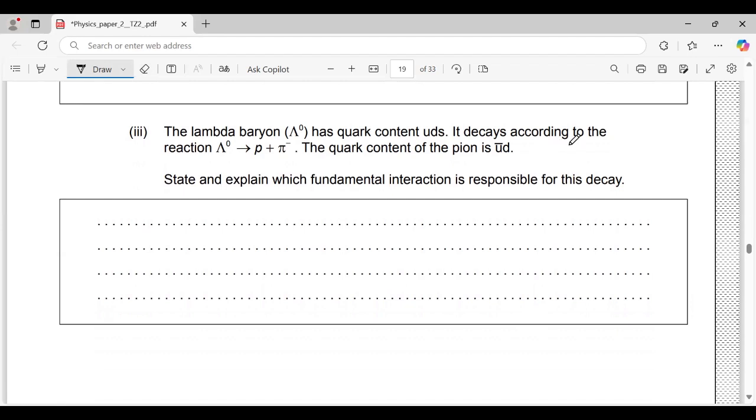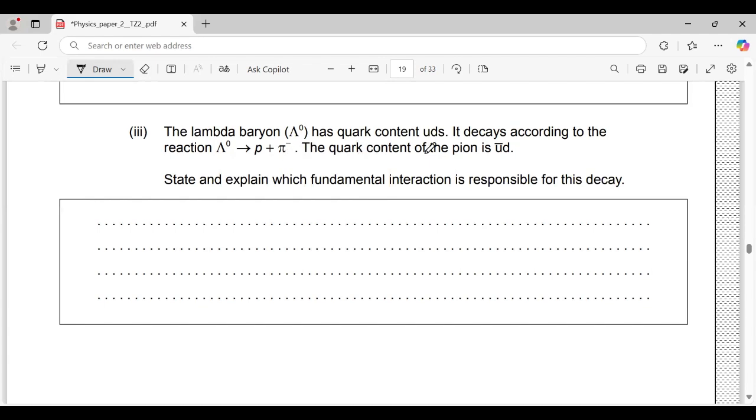According to the reaction, this is the initial state, and this one is the final state. The reaction becomes: lambda baryon becomes proton and pion.